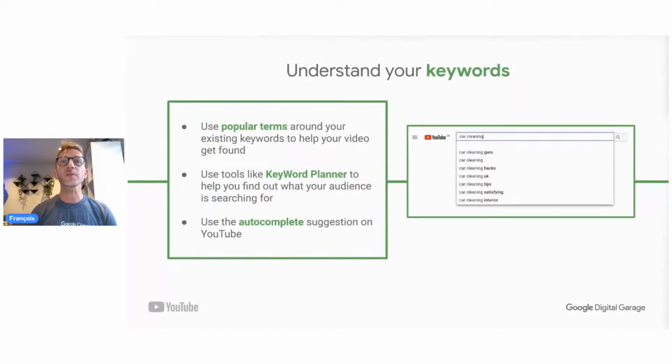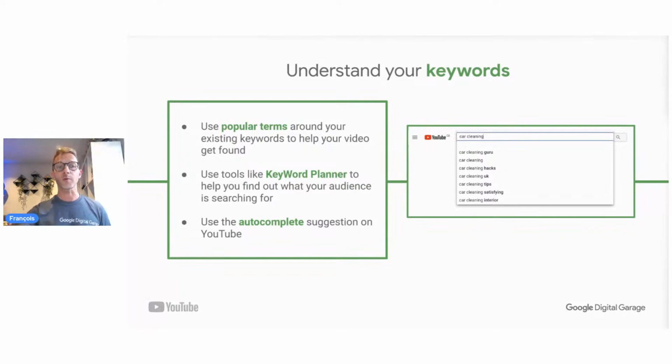Keywords first. YouTube is the second biggest search engine, behind Google. So it means that everything is driven by keywords. A well-written description with the right keywords is going to boost your views and your watch time. Of course, watch time is the duration people are going to watch your video, and views is how many people are going to view the video.